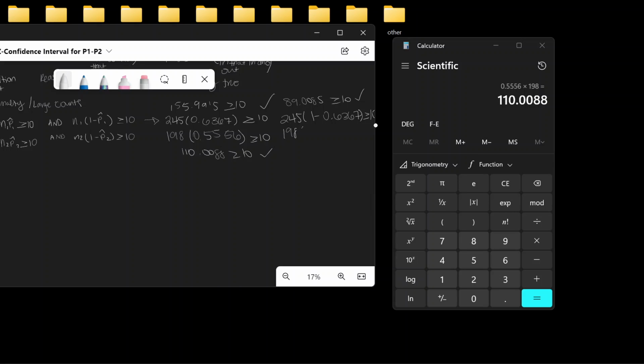And then the next one is 198 times one minus 0.5556, which has to be greater than or equal to 10. That is about 87.9912, which is also greater than or equal to 10.